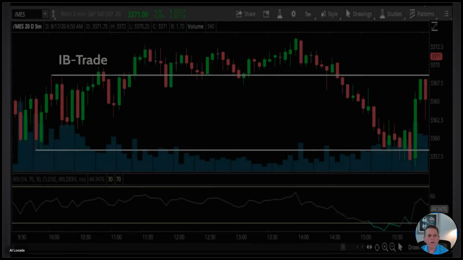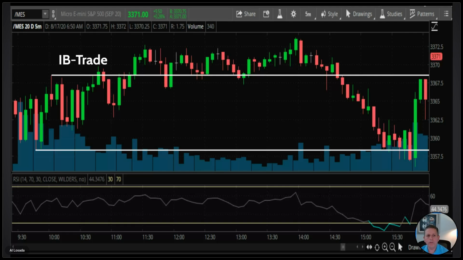All right, so here now, this is the same IB trade, right? Between 9:30 and 10:30, and so you can see here that the market pushed up higher, and eventually there was some resistance here, and then it started going down, and here's where you want to take that trade and take it down to this level here.